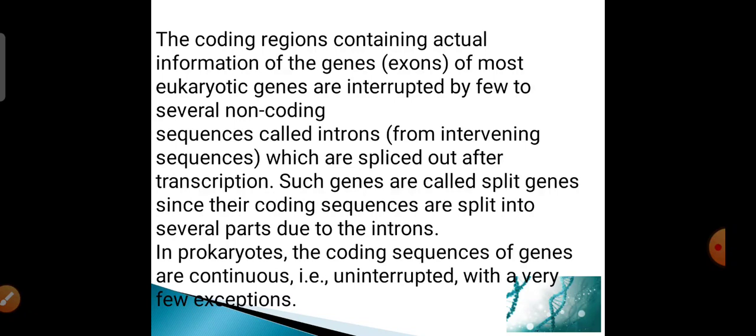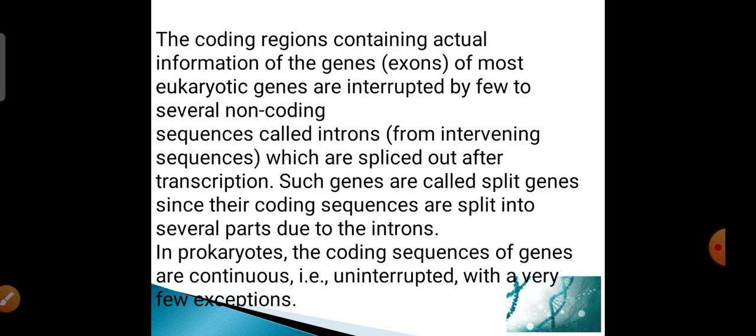In the case of adenovirus, where it was found first, as well as in eukaryotic organisms, the eukaryotic genes are not continuous. That means the genes which contain the information for the synthesis of protein are interrupted in between by a few to several non-coding regions.